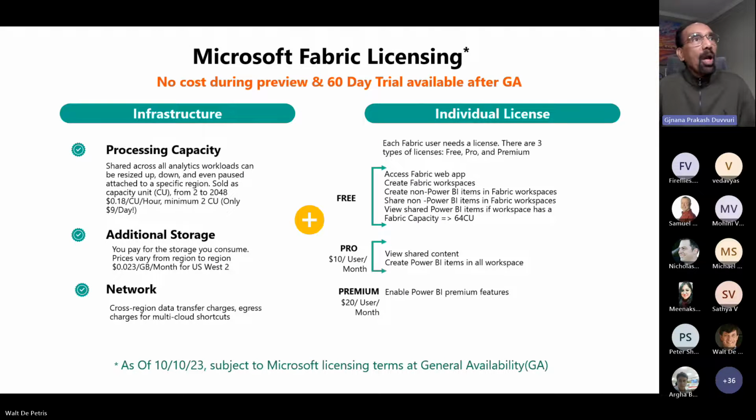Yeah, then we come to the cost in Fabric licensing. Process capacity: we have a tenant, and we have workspaces, then capacity in CUs, and 0.18 per CU, it's $9 per day, and additional storage is 0.23 per gigabyte. Network: when you go to other clouds, ingress may be charged. And another extra advantage with individual licensing is here.